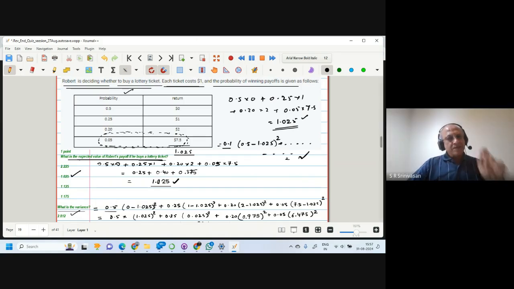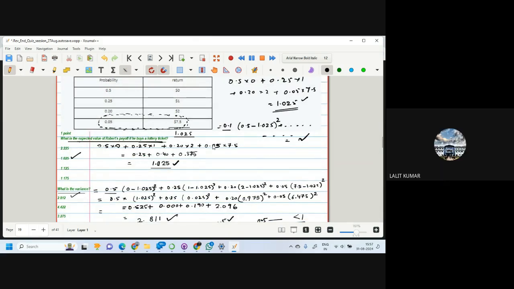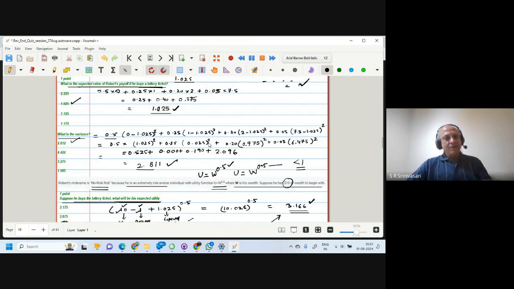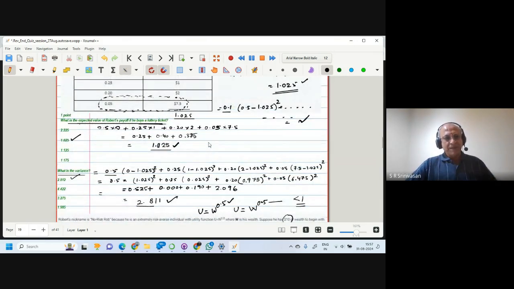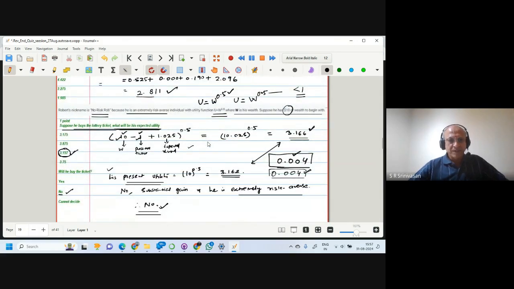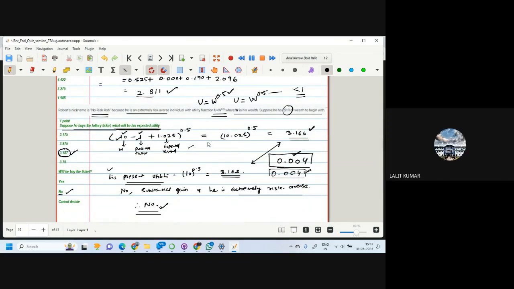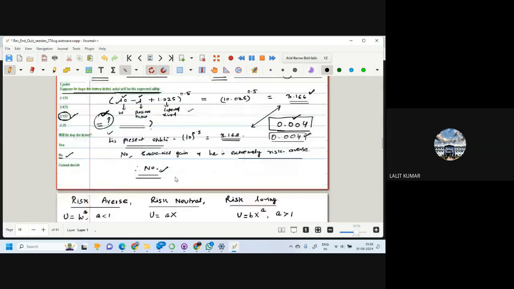So what you have done is you have taken U of E. You have taken this value, 1.025, and you took it to the power of 0.5, right? That's how you got that. Yes. Okay, I'll come back on this. I'll post it on WhatsApp again, the second formula also here. Okay, sir.